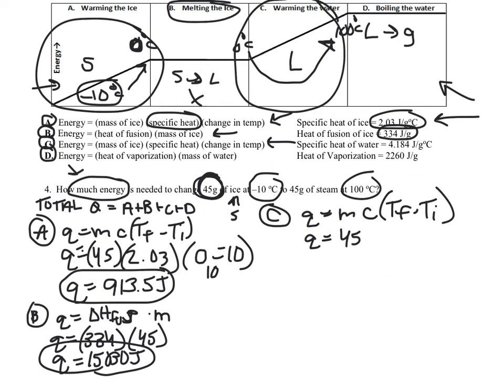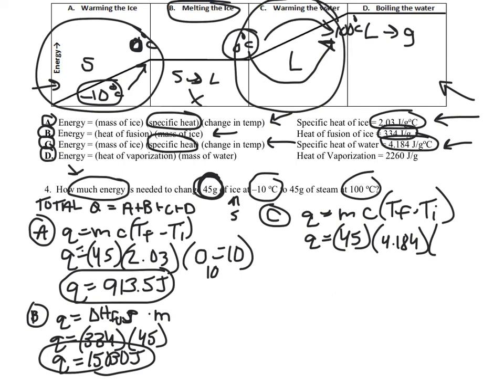We know 45 grams is the mass of the water. Now, we are going to take the specific heat of water because this is liquid water now that it's between 0 and 100 degrees. So we're going to use 4.184. That's given to us right here on the chart. That's specific heat of water. And then let's look at our change in temperature. You started at 0 in block C and you ended at 100.